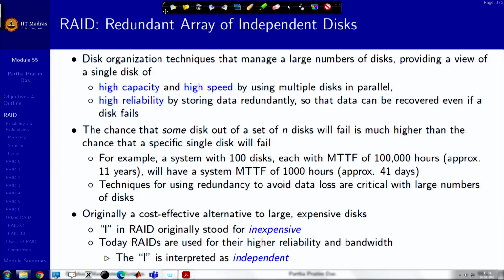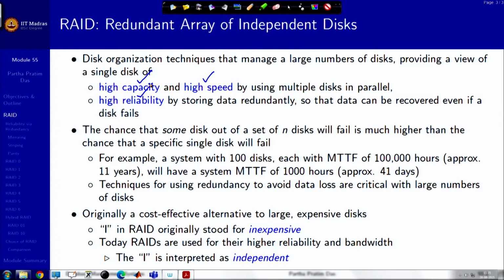These multiple disks in parallel provide high capacity, that is, since there are multiple of them, you can have a high volume of data stored there. It provides high speed through different possible parallel architectures that are adopted in different levels of RAID.